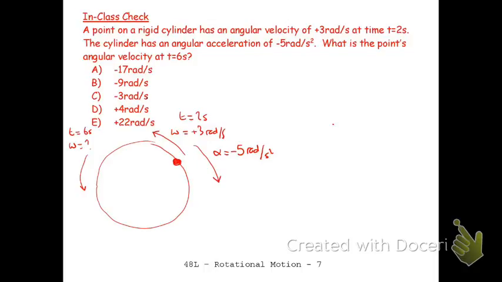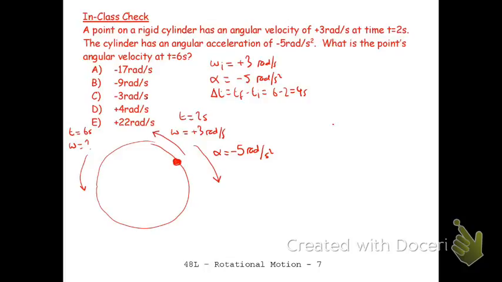I haven't done this in a while, so I'm going to do my list to jog my memory. Omega i is equal to plus 3 radians per second, alpha is equal to minus 5 radians per second squared, and my delta t, which equals t final minus t initial, equals 6 minus 2, which equals 4 seconds.